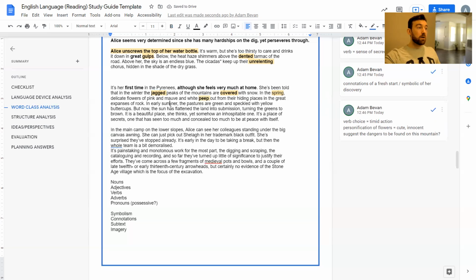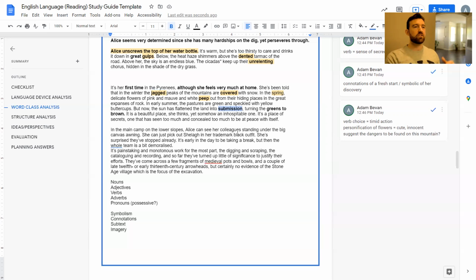In the early summer, the pastures are green and speckled with yellow buttercups, but now the sun has flattened the land into submission, turning the greens to brown. So we've got juxtaposition there. We're not going to talk about that today. But the word submission, now, I talked last week about how some of you might hate the fact that in English, most stuff is in the gray. It's not normally black or white. In this case, though, I do think that there's a fairly black and white interpretation.